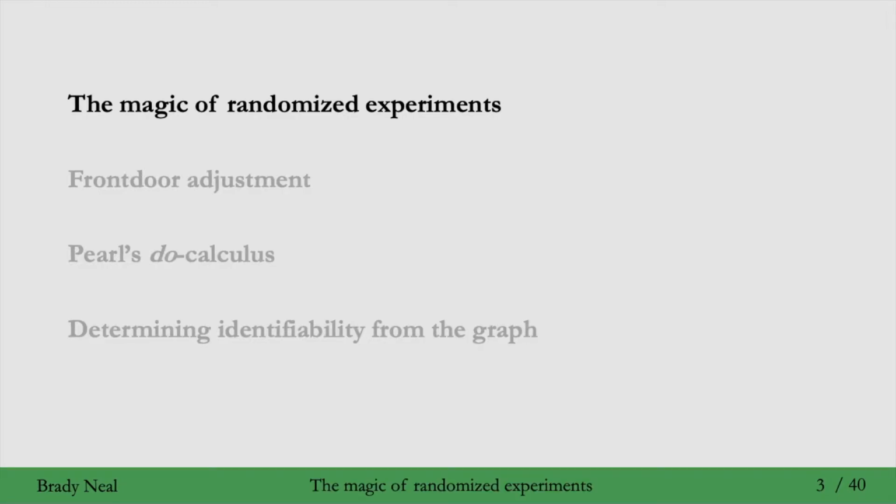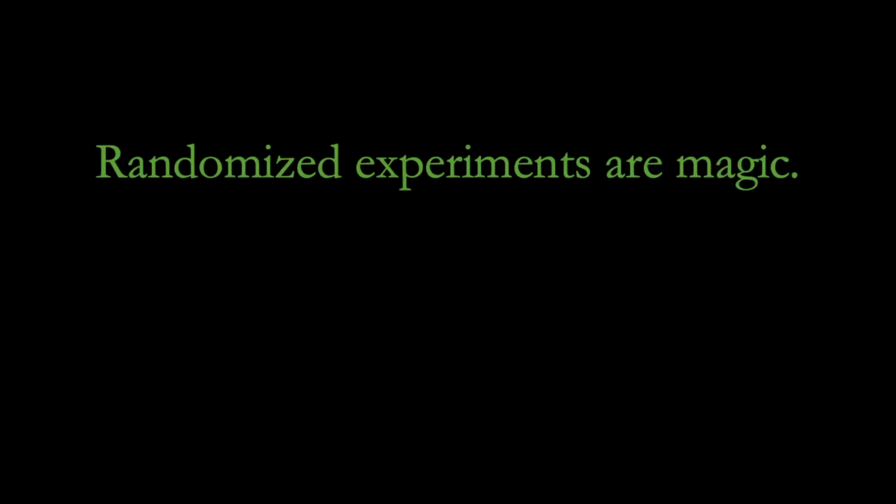With that, let's get into why randomized experiments are so special. This is the main message to take away from this part of the lecture. Randomized experiments are magic. For context, recall that there's no way to know if we have unconfoundedness or if we have satisfied the backdoor criterion. And that's because there always could be some unobserved confounders.